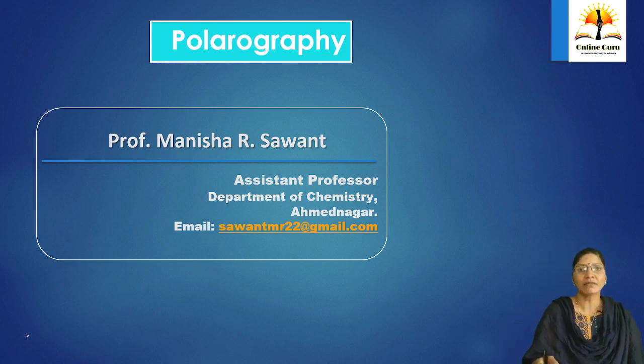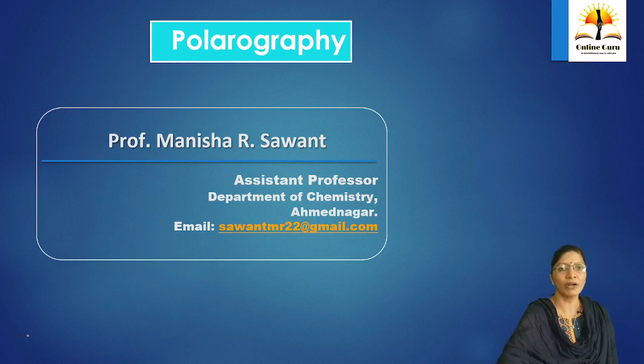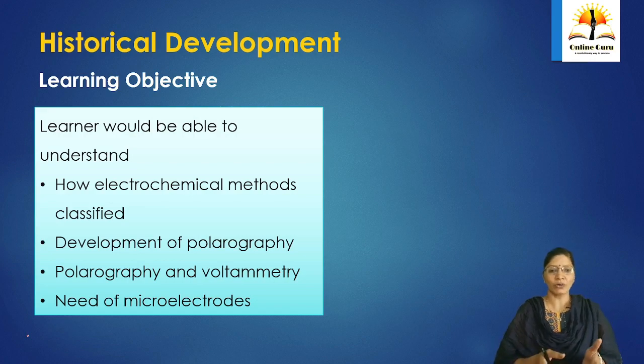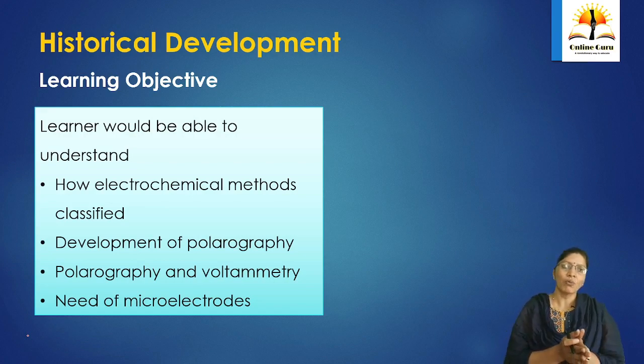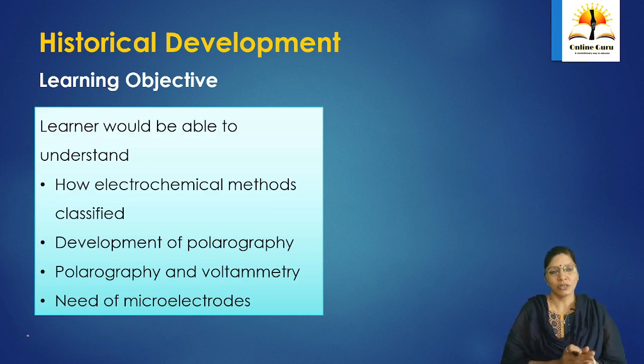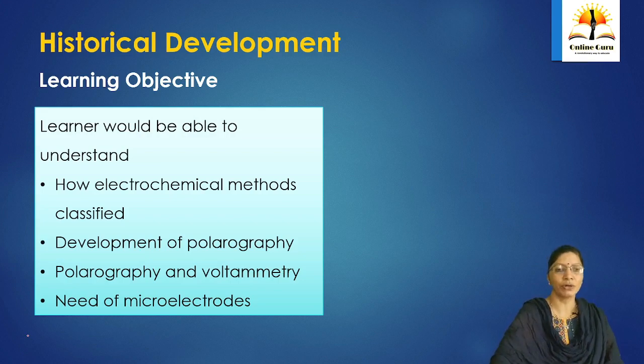So let us begin with the principle of polarography, how electrochemical methods are classified, the development of polarography, how it took place, the basic difference between polarography and voltammetry, and what was the need for the microelectrode. These are the aspects of our topic we are going to cover today.